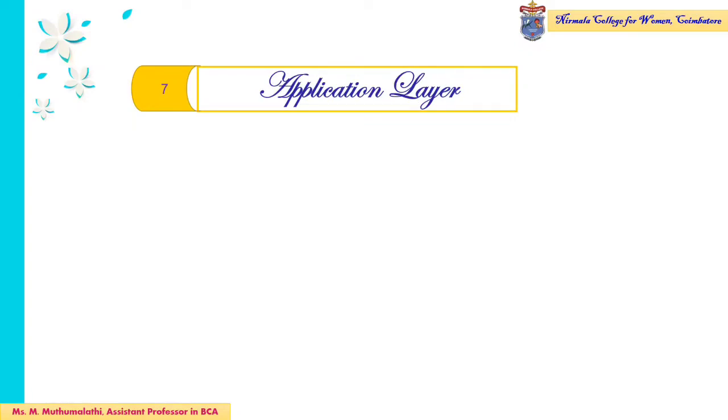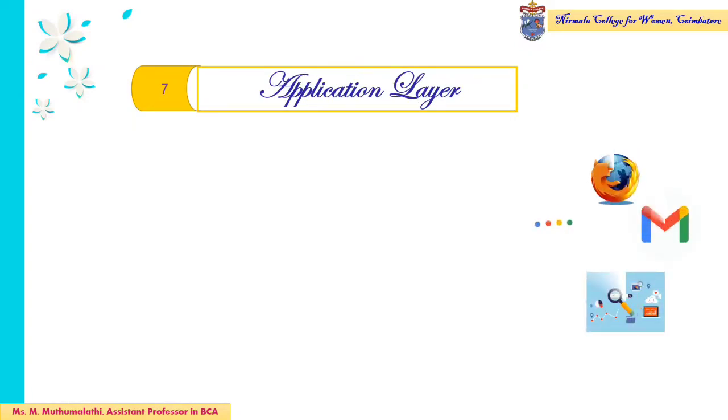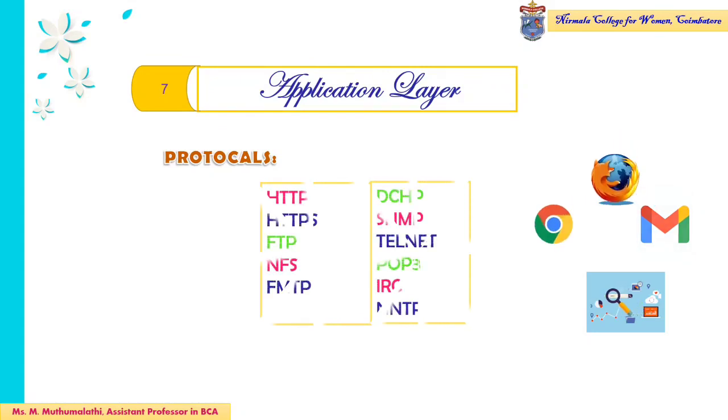Application layer. It does not mean that it includes computer applications like Chrome, Firefox, etc. But it includes many protocols, such as application data protocols. It is used to communicate data using the internet.